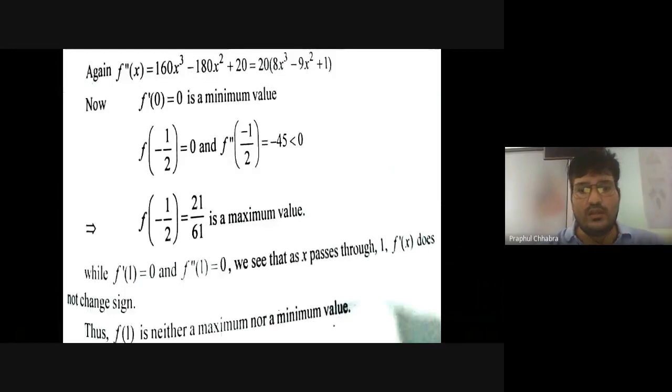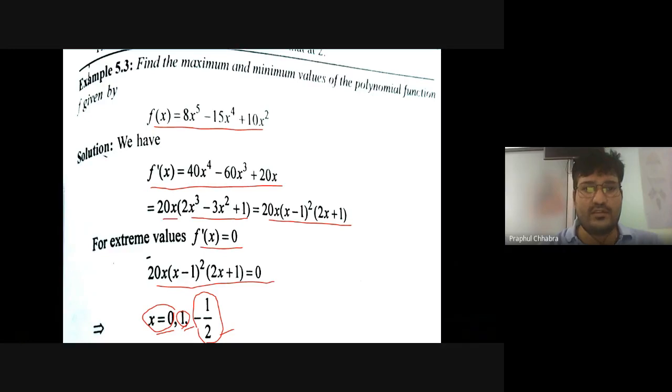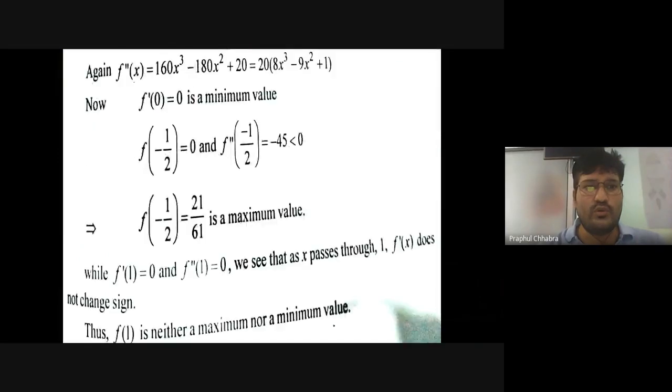And f dash x is 0 is the necessary condition as well, as we discussed in the last video. Now we will find the second order derivative of this function.